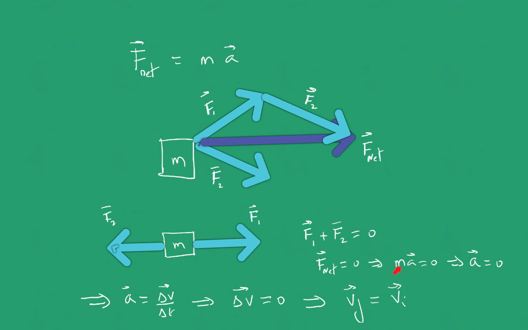Because the mass is not zero, the acceleration will be zero, meaning that the change in velocity will be zero, meaning that the final velocity vector will be equal to the initial velocity vector. So when the net force is zero, the velocity vector is maintained constant, and this is what the first law of Newton says.